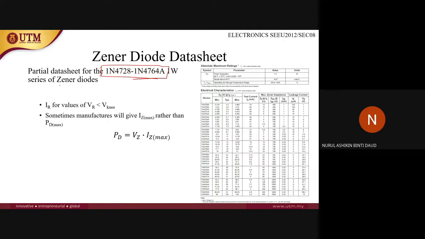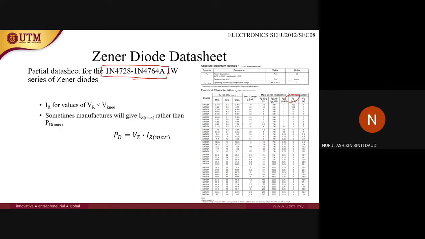IR here is the value at VR, which is reverse voltage, lesser than knee voltage. Sometimes manufacturers will give you the maximum Zener current rather than the maximum power dissipation.